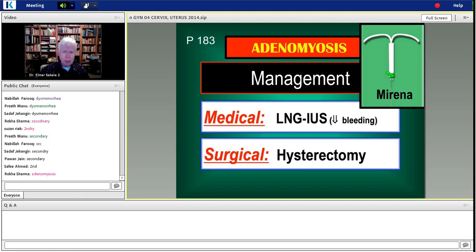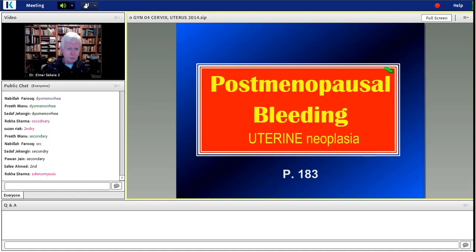The Mirena intrauterine system has a capsule which contains levonorgestrel. As that is released, it will stabilize the endometrium and prevent it from bleeding. So medical management would be a levonorgestrel IUD. Okay, so that is the end of the enlarged uterus.